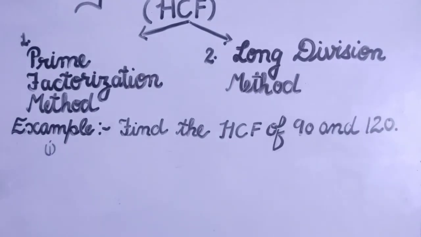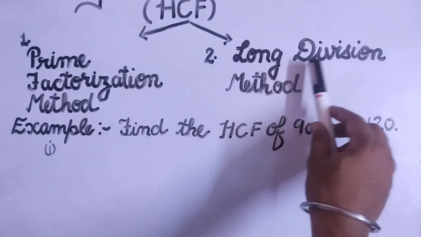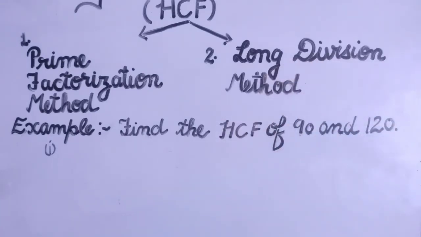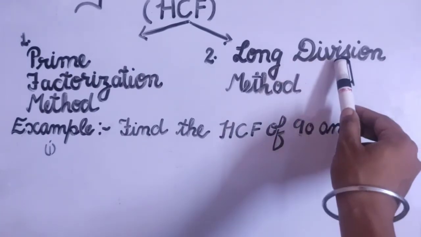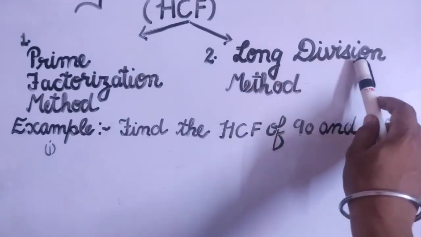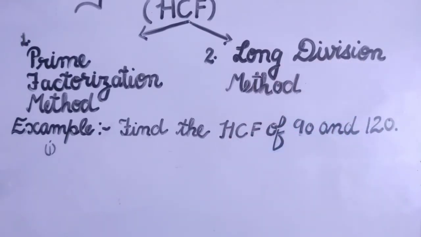Now, we will study the second method, that is long division method. As students, the name of the method suggests division. So in this we have to divide. Let's discuss the long division method with the help of one example.